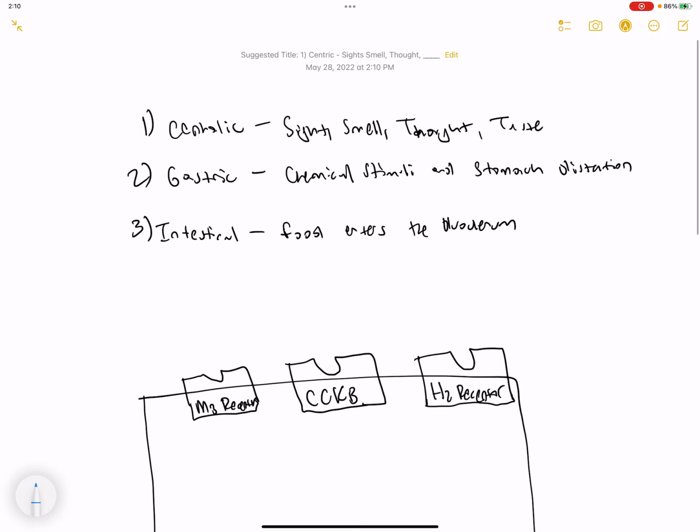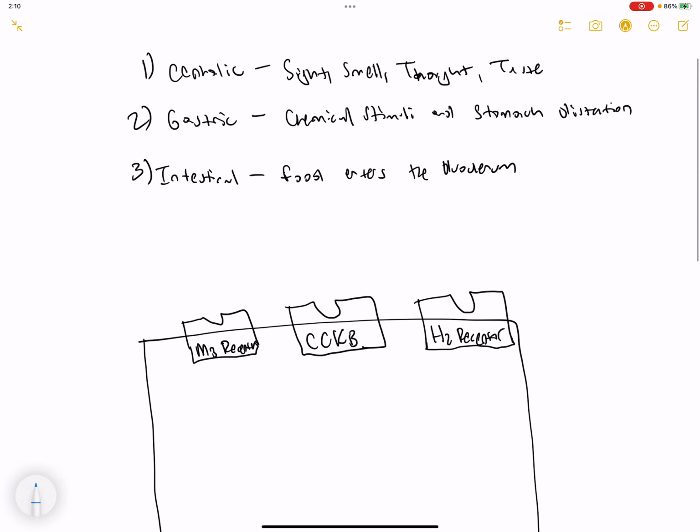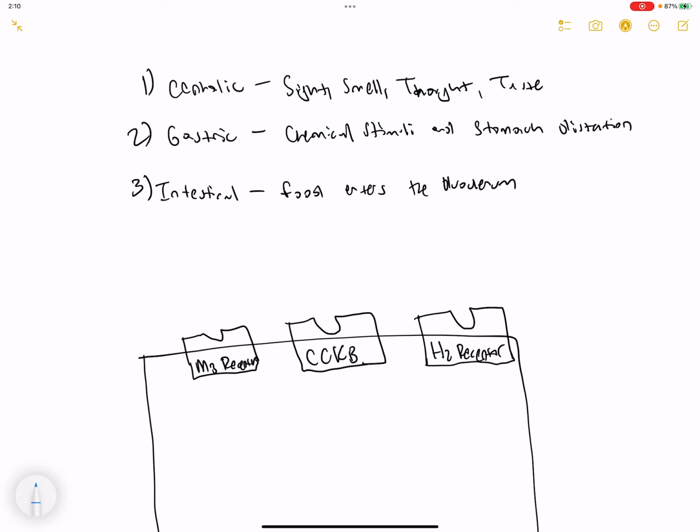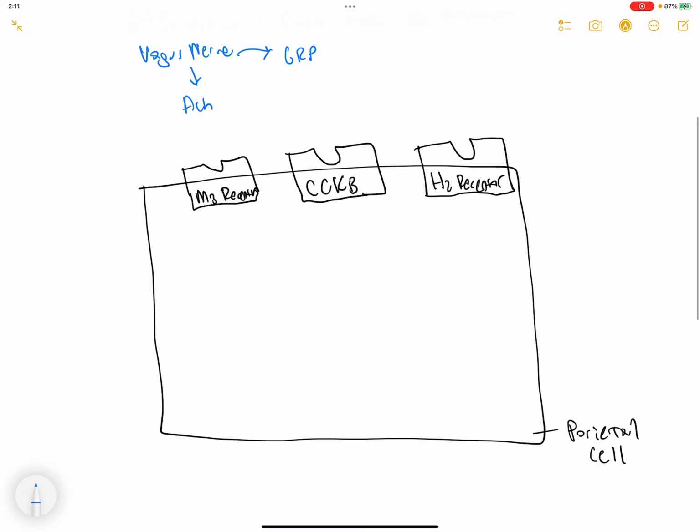Now, when we see food, smell food, taste food, or think of food, the vagus nerve will be stimulated, and the vagus nerve will release GRP as well as acetylcholine. Acetylcholine will bind the M3 receptor, and GRP will stimulate G cells to release gastrin.